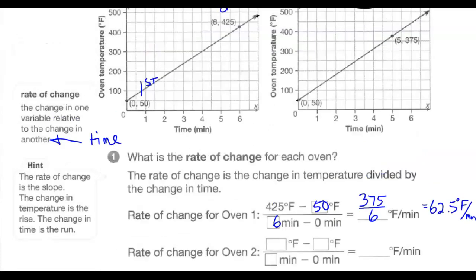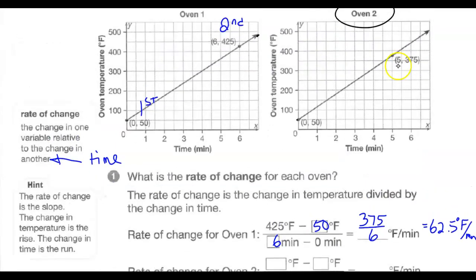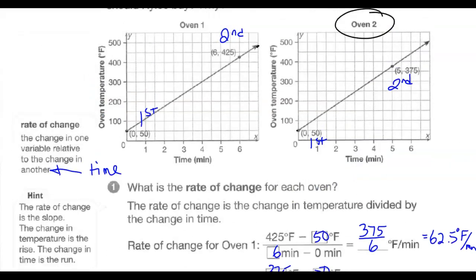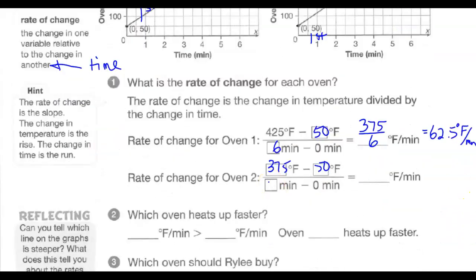For oven 2, this will be our second point. This will be our first. So 375 minus 50 over 5 minutes minus 0. So that's going to be 325 over 5.